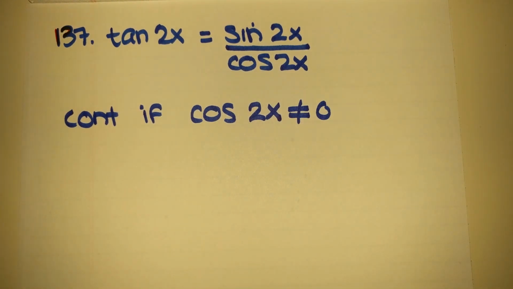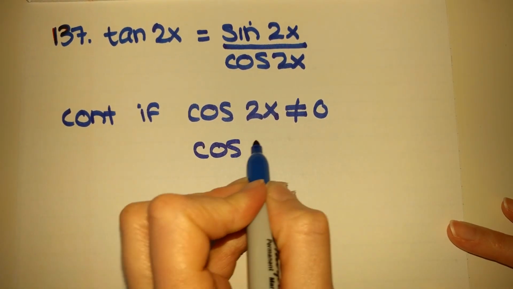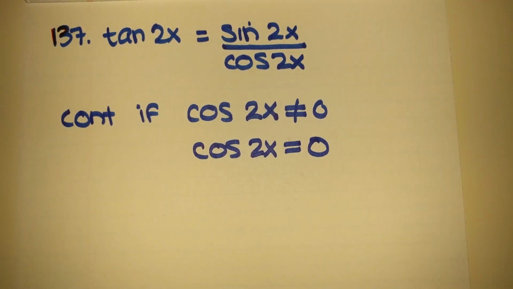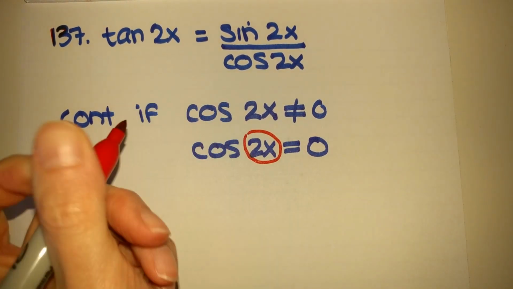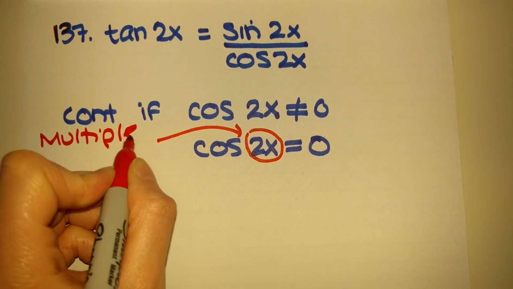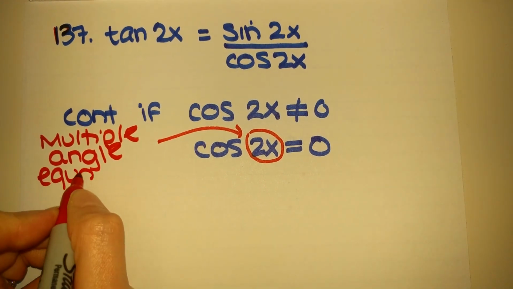Now, this is where we really have to go back to our understanding of trig. So we are trying to figure out here where cosine of 2x is equal to 0. Now, if this was just cosine of x, there would be no problem, look on the unit circle has cosine x. But because this is 2x, that is what we call a multiple angle. It's not just x, it's 2x, and this becomes a multiple angle equation.